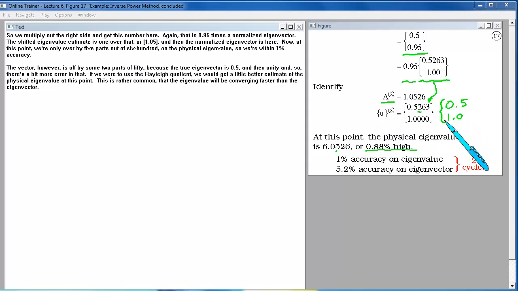And so there's a bit more error in that. If we were to use the Rayleigh quotient, we would get a little better estimate of the physical eigenvalue at this point. This is rather common, that the eigenvalue will be converging faster than the eigenvector.